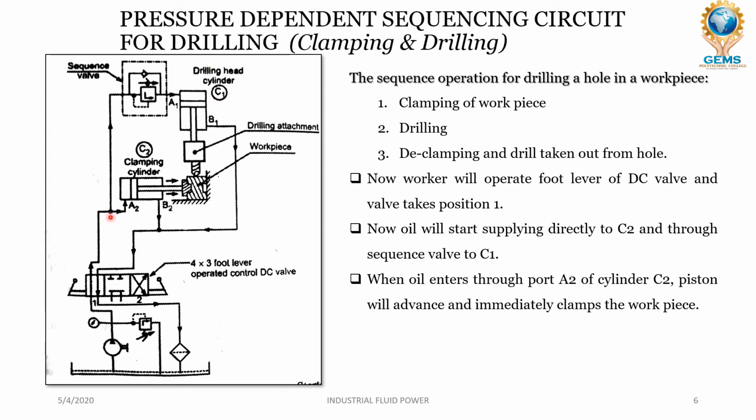First clamping operation has to happen, then drilling operation has to happen, so the pressurized oil from the pump, from the reservoir, has to go to cylinder C2 through port A2. Then it has to go through the sequence valve to cylinder C1 through port A1. So first the clamping happens and then the drilling happens.